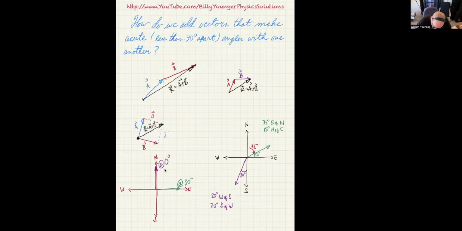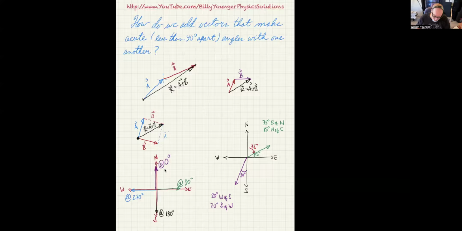This vector would be at 180 degrees because 180 degrees is due south. And then finally, this vector would be at 270 degrees, because 270 degrees is considered due west. Those are the two compass heading type angles.